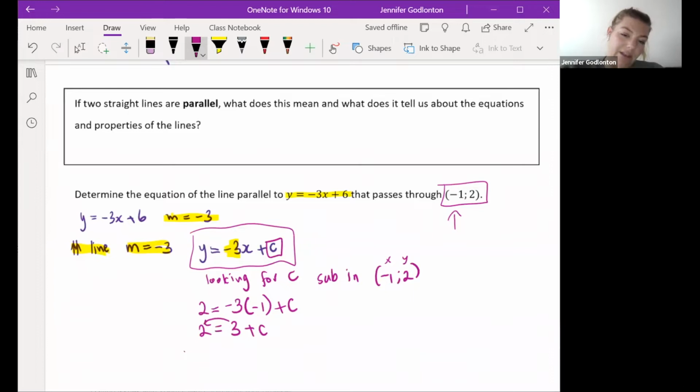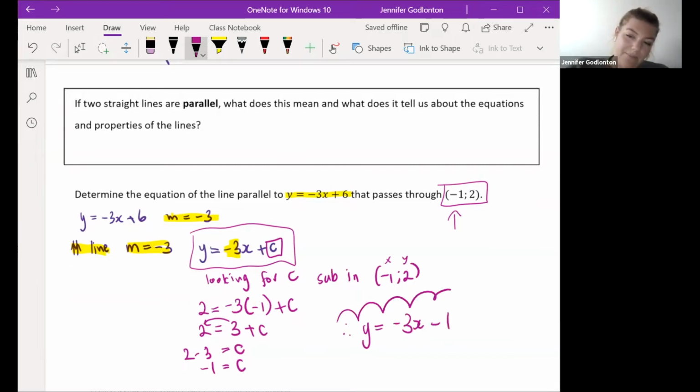I'm going to move that 3 over, and so c is equal to -1. So they've asked us to determine the equation of the parallel line that passes through this point. Therefore, the equation of my line is y = -3x - 1.